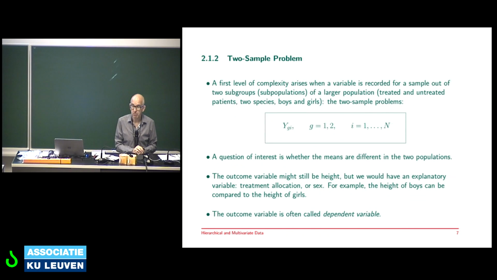Now, if I talk about body mass index for a population, quickly the population will split into subpopulations, males and females. So we may have two groups, the two-group problem. G is equal to 1 for males, 2 for females, for example. We have a sample of 100 body mass indices for males and females, and we can estimate the quantities from the previous page now twice, once for males, once for females.